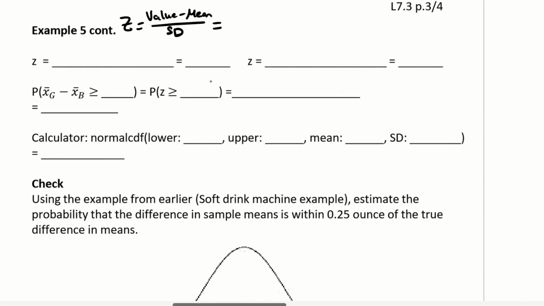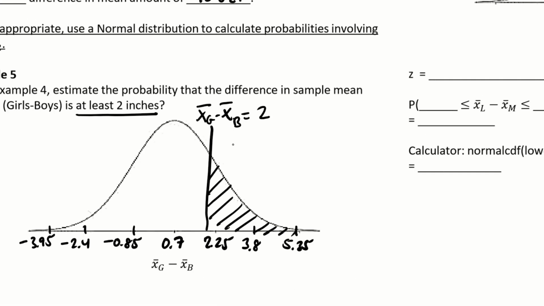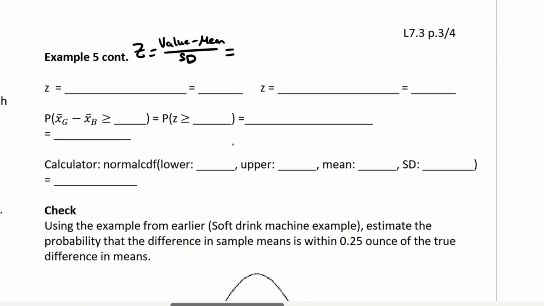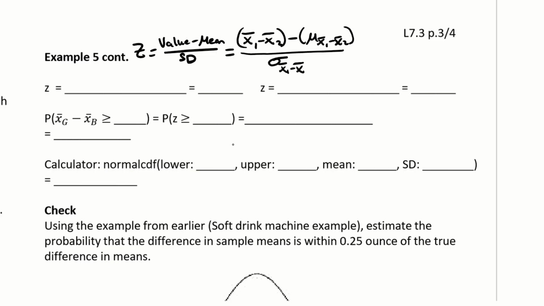Well, the value is x bar g minus x bar b. Let's just write the general formula. So x bar 1 minus x bar 2 is the value. The mean is mu x bar 1 minus x bar 2, over the standard deviation, which is sigma x bar 1 minus x bar 2. But as we know, mu x bar 1 minus x bar 2 is simply mu 1 minus mu 2, so we're going to replace that with mu 1 minus mu 2. And that's the formula we're going to use for the z-score.